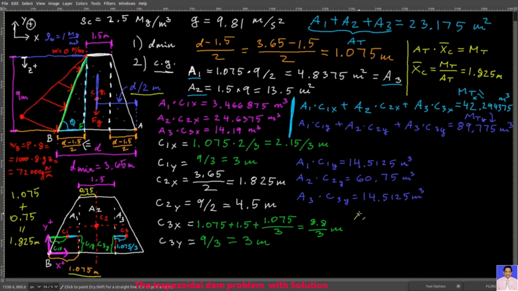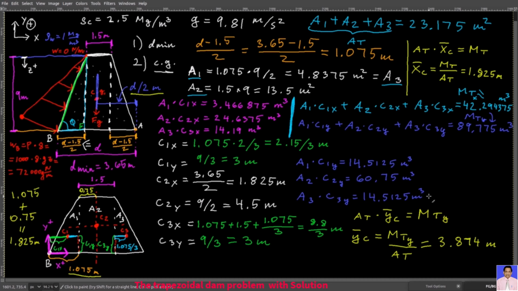And now, if I take my area total and multiply it by y bar C, which is the total vertical centroid of the entire trapezoidal area, that must give you MTY. And now y bar C equals MTY over AT, and that will give you 3.874 meters.